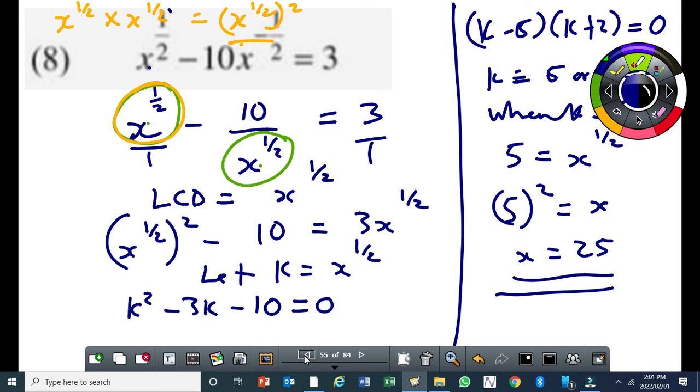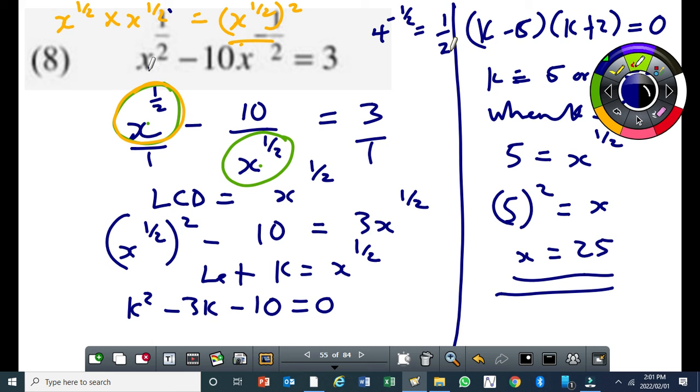If I put x equal to 4 here, what is 4 to the power of a half? It's 2. If I put 4 here, it means I'll have 4 to the power of negative a half. Now, 4 to the power of negative a half is the same as 1 over 2. Do you agree with me there? Use your calculator. So, a half times 10 will give you a 5.